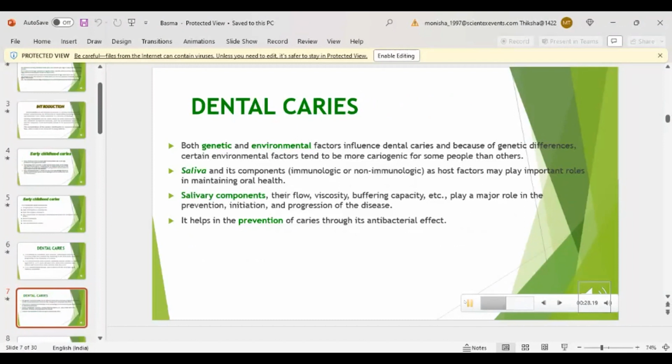Saliva and its components, immunological and non-immunological, as host factors may play an important role in maintaining oral health. Salivary components, their flow, viscosity, and buffering capacity play a major role in the prevention, initiation, and progression of the disease. It helps the prevention of caries through the antibacterial effect.